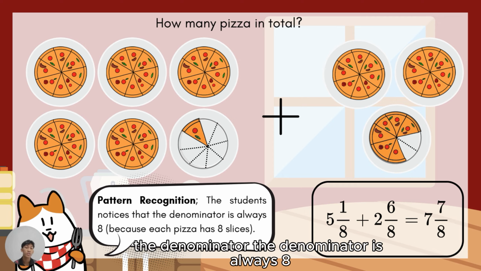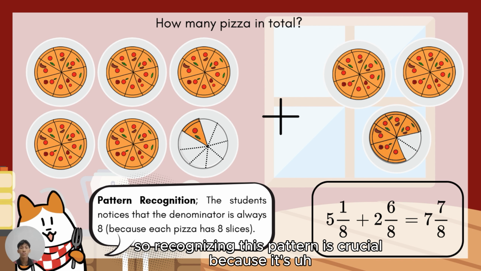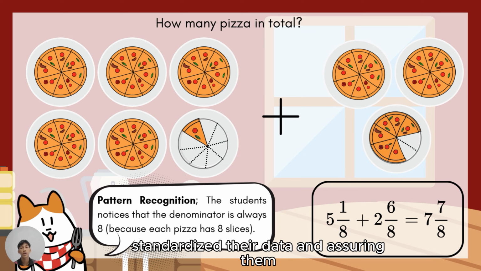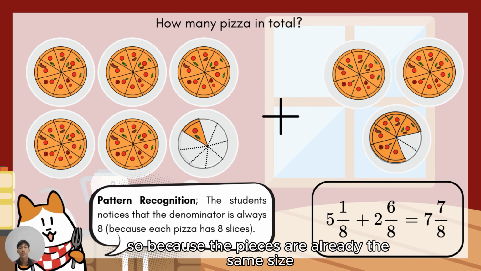The denominator is always 8 because each pizza has 8 slices. Recognizing this pattern is crucial because it standardizes their data and assures them that they do not need to hunt for common denominators, because the pieces are already the same size.